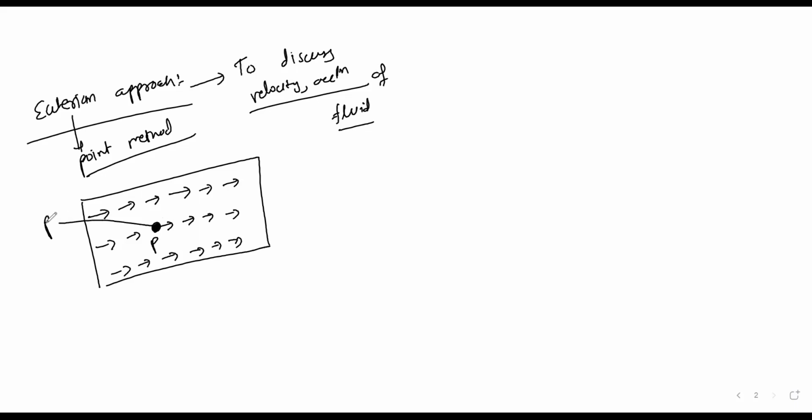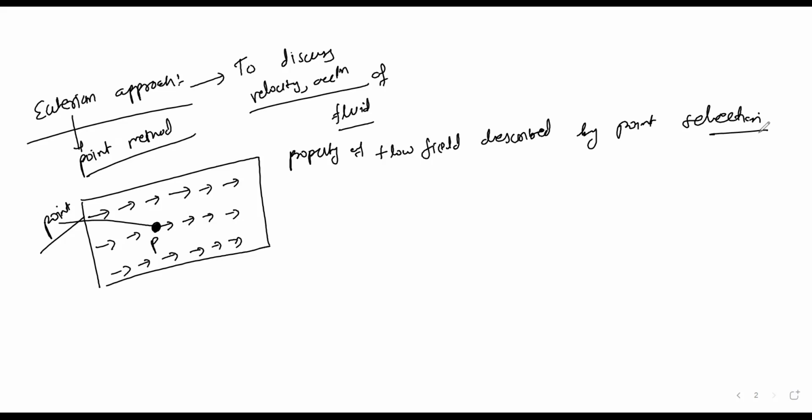So this is a point. We can define that the properties of a flow field are described by a point selection.